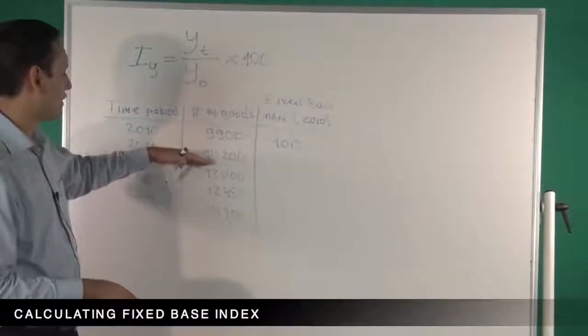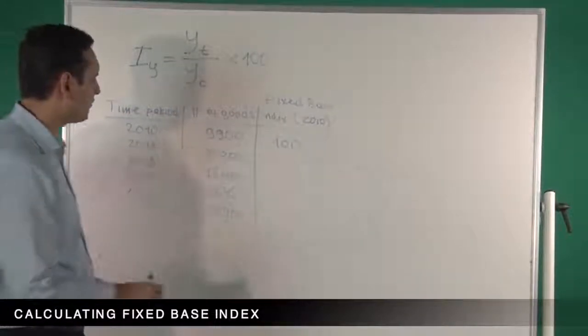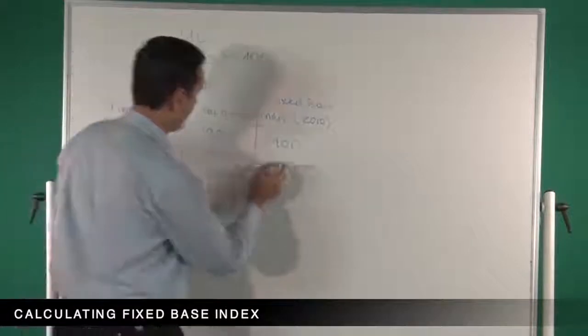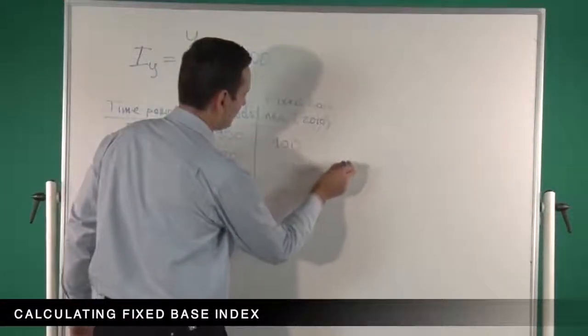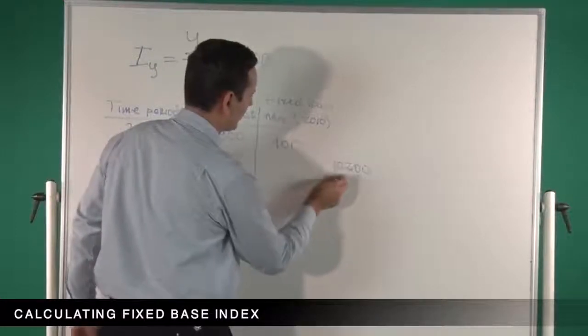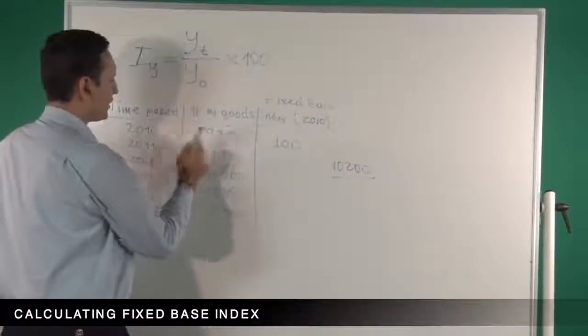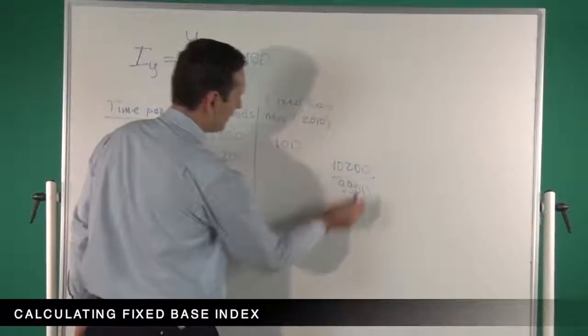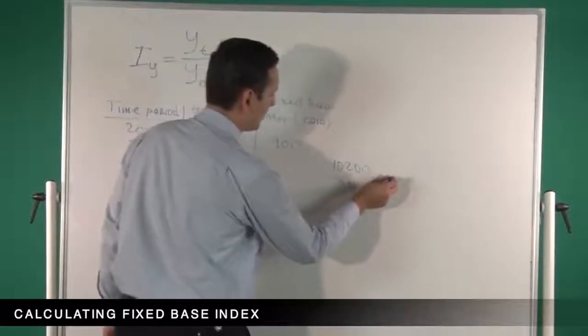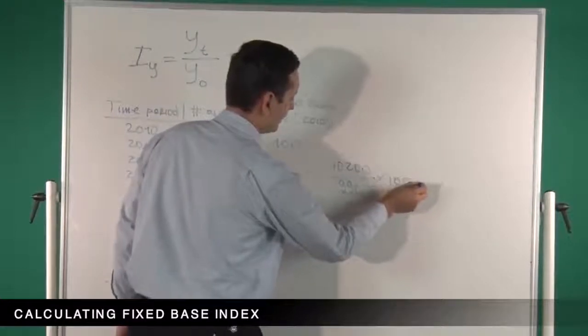Now, for the next year, we divide the current year, so YT is the current year, which is 10,200, divided by the base year, which is 9,900, multiplied by 100.